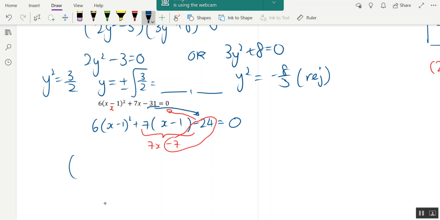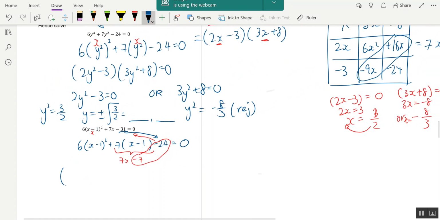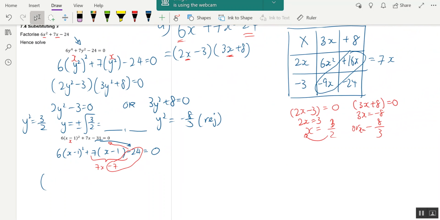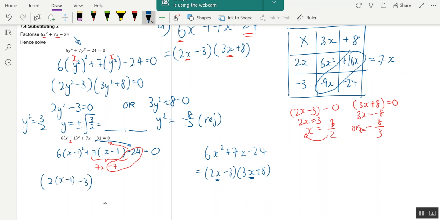So now I can say that, looking back, previously we said that 6x squared plus 7x minus 24 is equal to 2x minus 3 times 3x plus 8. I replace all the x by x minus 1. 2 bracket x minus 1 minus 3, multiply by 3 bracket x minus 1 plus 8, and that is equal to 0.